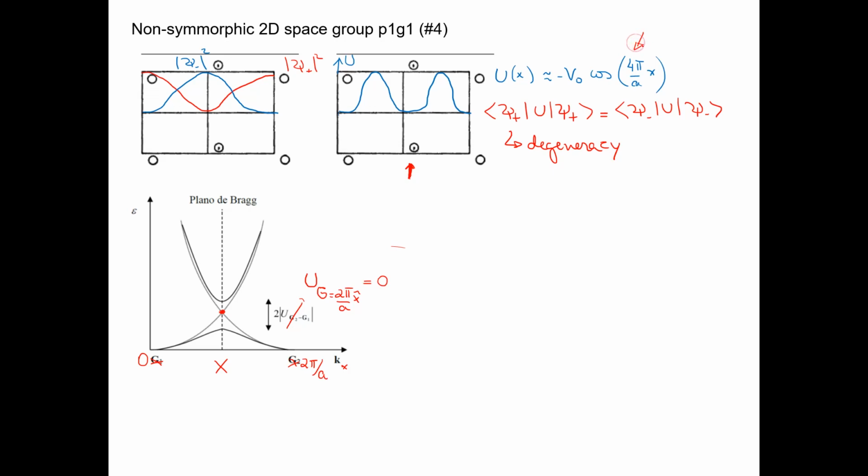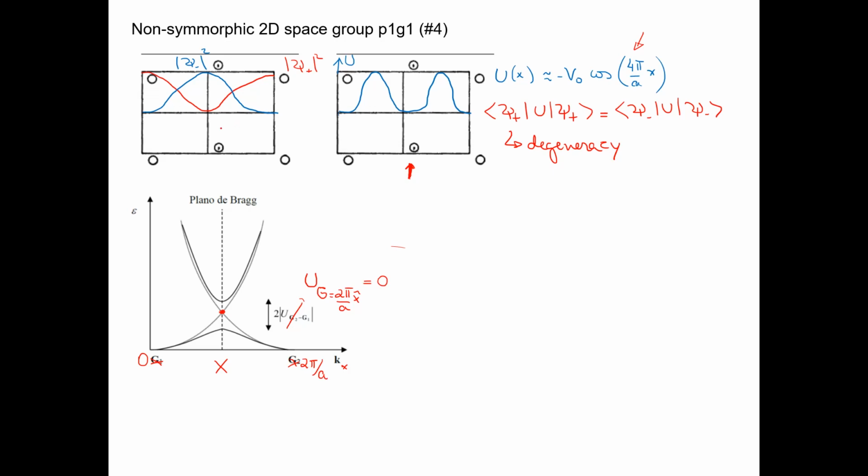The lowest Fourier component is 4 pi over a, right? So in this case, precisely, this is 0, and that's another way to see why this degeneracy is not broken in this case.